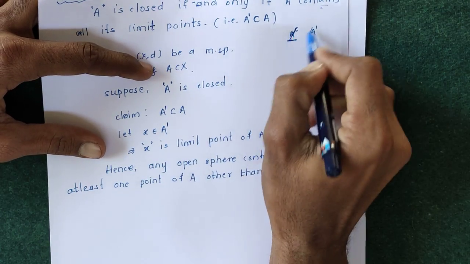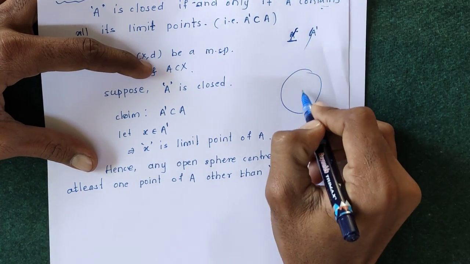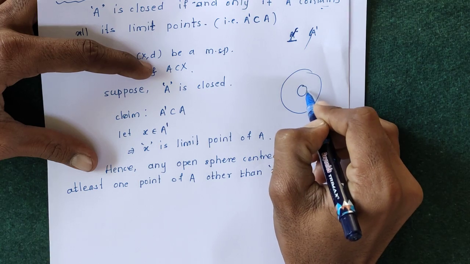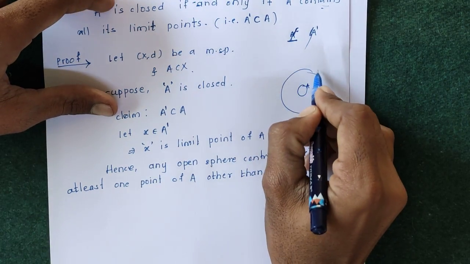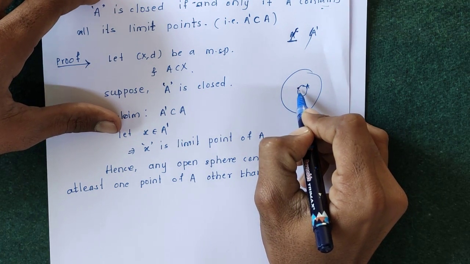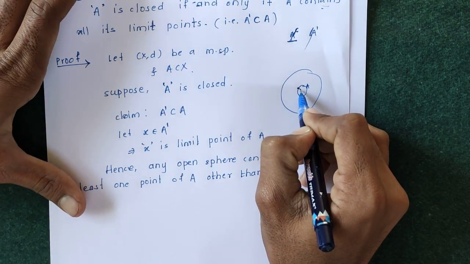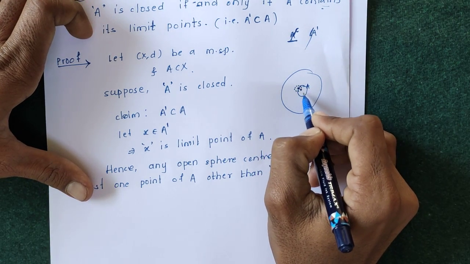This is by the definition of limit point. The definition was: (X, d) is a metric space, and for a set A, the limit points of A are those elements of X such that if you take that element as center, and for any radius, the smallest or the largest, if you draw the open sphere, then its intersection with A is non-empty.